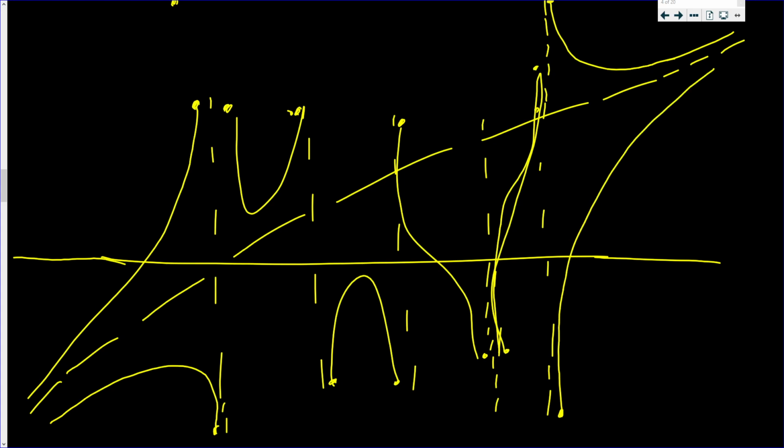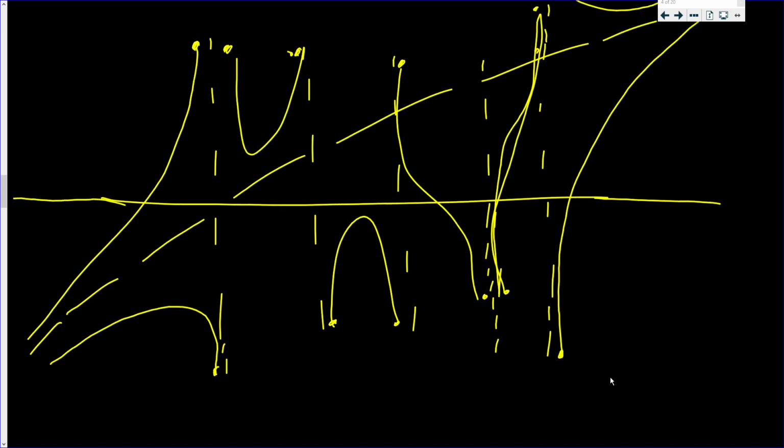Watch this portion of the video 50 times if you need to. The bottom line is you need to learn how to graph what happens in between the vertical asymptotes. Okay, so now we'll practice some graphs.